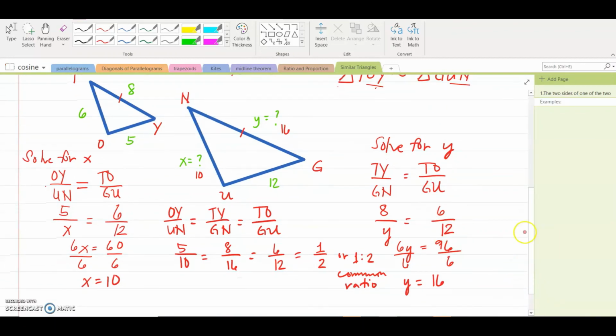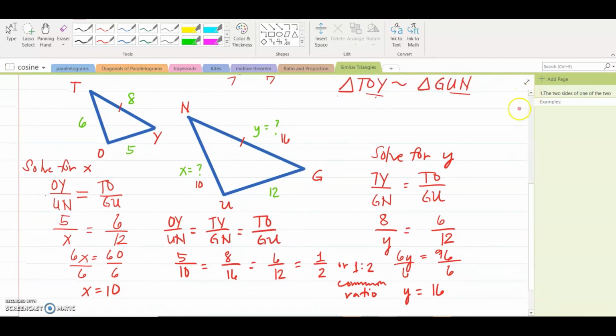That is how we solve for the unknown variable by writing first the corresponding angles, then the corresponding sides, and then solving for the unknown variable, and then checking for their common ratio.